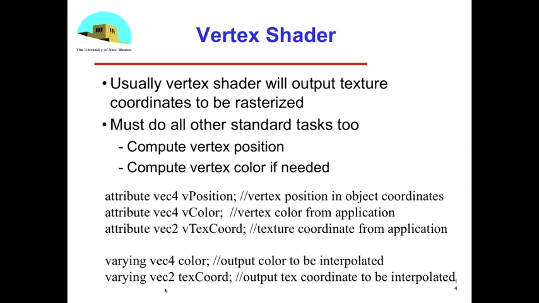Most likely you're going to output that to the rasterizer. And that'll come into the fragment shader as a varying variable, and this will be the texture coordinate that we're actually going to apply. So it's very similar to everything else we've done. The only complexity might be setting up how you're going to determine those texture coordinates in the first place and specifying all the parameters that you need to specify.